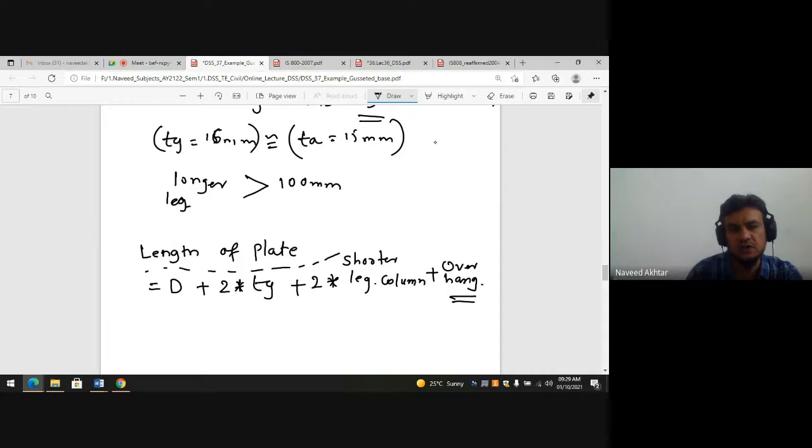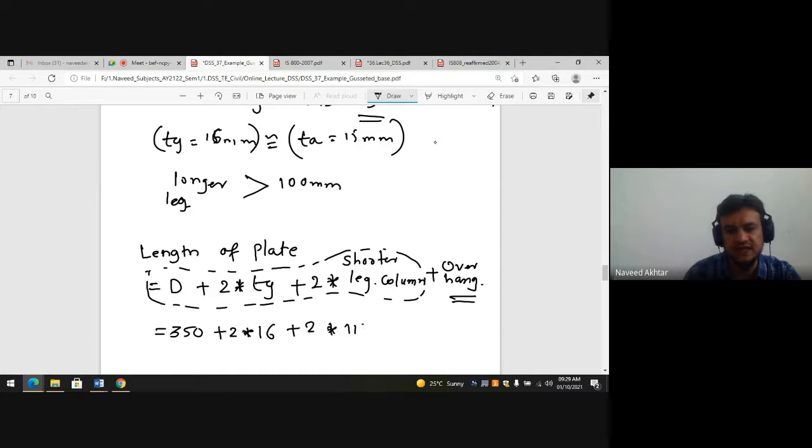Depth is 350, as that is ISHB 350, thickness of gusset plate we have taken 16 mm, and shorter leg is 115.